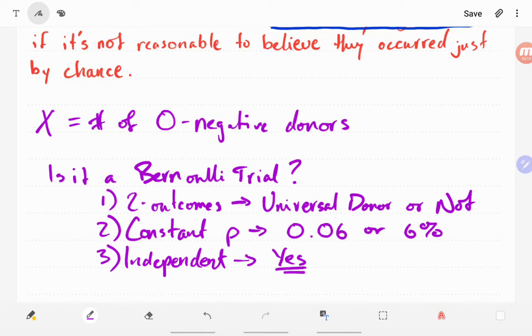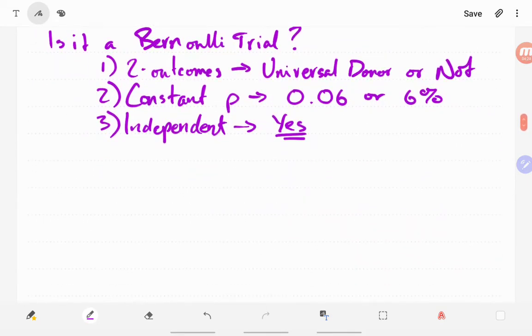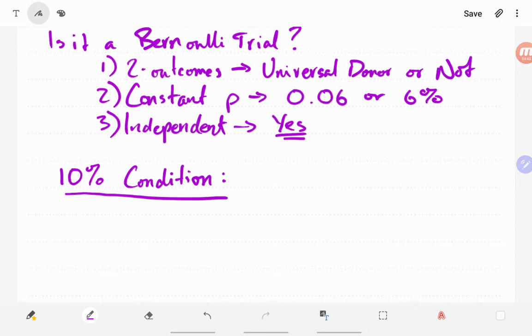If it's a Bernoulli trial, then we can use a normal model if it passes two more conditions. To be able to use a normal model, we need to know whether or not it passes our 10% condition. What is the 10% condition? We need to look at the total number of people who are donating blood.